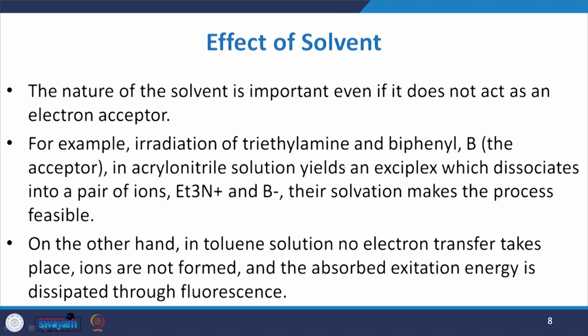Now, the nature of the solvent is important, even if it does not act as an electron acceptor. For example, take irradiation of trimethylamine and biphenyl, where biphenyl is the acceptor. In acrylonitrile solution, this yields an exciplex with dissociation into a pair of ions, referred to as Et3N plus and biphenyl minus.